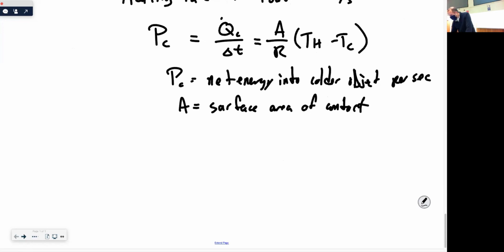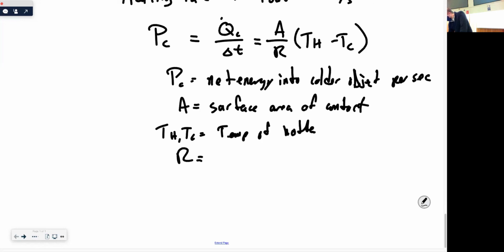And R, obviously. T_hot is the temperature of the hotter object. T_C is the temperature of the colder object. Maybe I should actually write those down. I didn't have it in my notes, but let me write those down. T_H, T_C are the temperatures of the hotter and colder object.